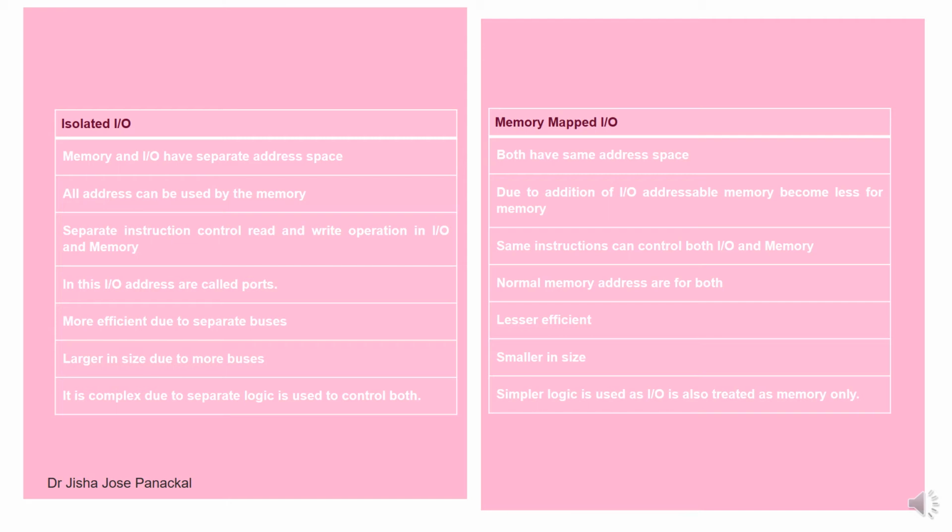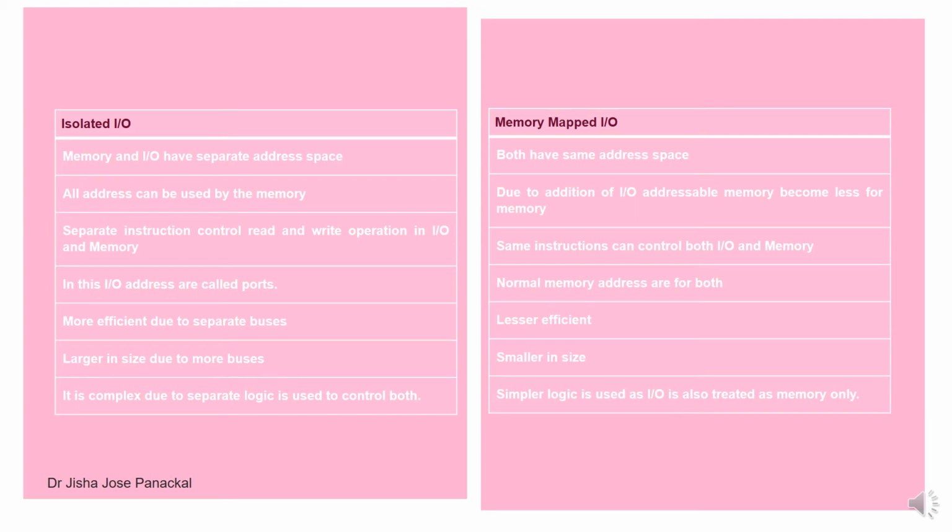All addresses can be used by the memory in the case of isolated IO. Due to the addition of IO, addressable memory becomes less for memory in the case of memory mapped IO. Separate instructions control read and write operations in IO and memory. The same instructions can control both IO and memory in memory mapped IO.